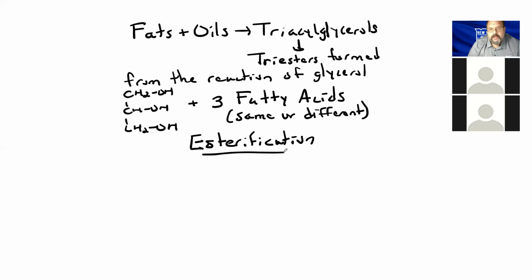You take glycerol and you react it with 3 fatty acids, where the 3 fatty acids that you could use could be the same, or they could be different. When the fatty acids are different, there are usually multiple triacylglycerols that are possible, because when you have different fatty acids you're using to make the triacylglycerols, there's isomerism, where essentially you have the same chemical formula, but the way the fatty acids are positioned in the triacylglycerol could be different.